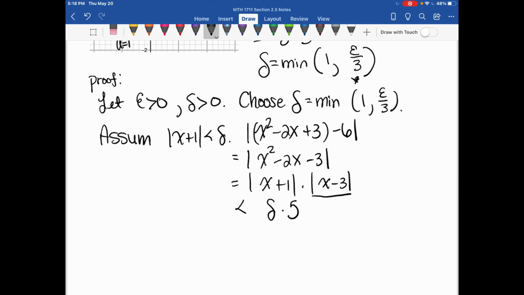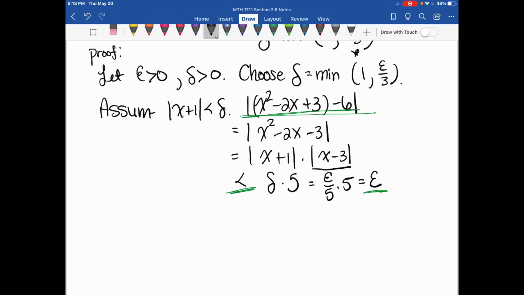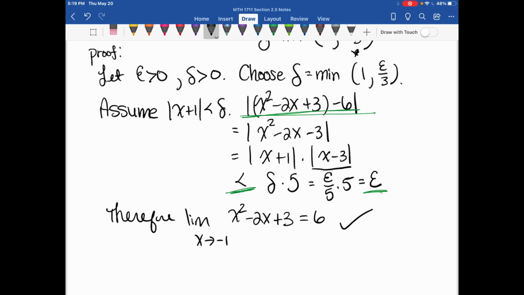So we can state that the absolute value of x plus 1 times the absolute value of x minus 3 is less than delta times 5, which is equal to epsilon over 5 times 5, which is equal to epsilon. So we just showed that this is less than this. So now we can state, therefore, the limit as x approaches -1 of x squared minus 2x plus 3 is equal to 6.